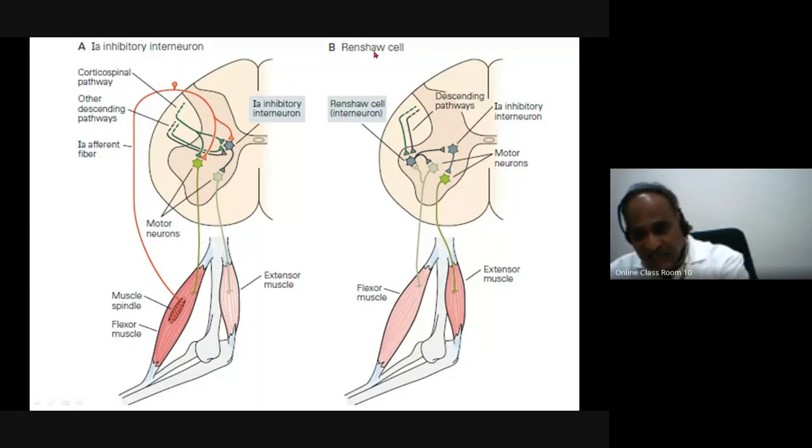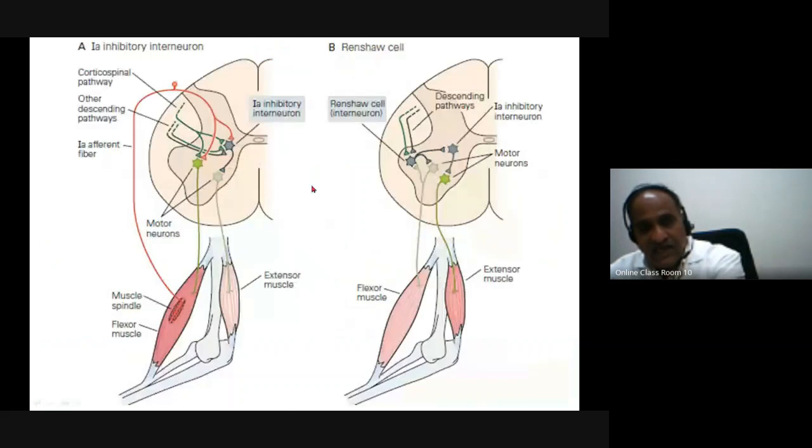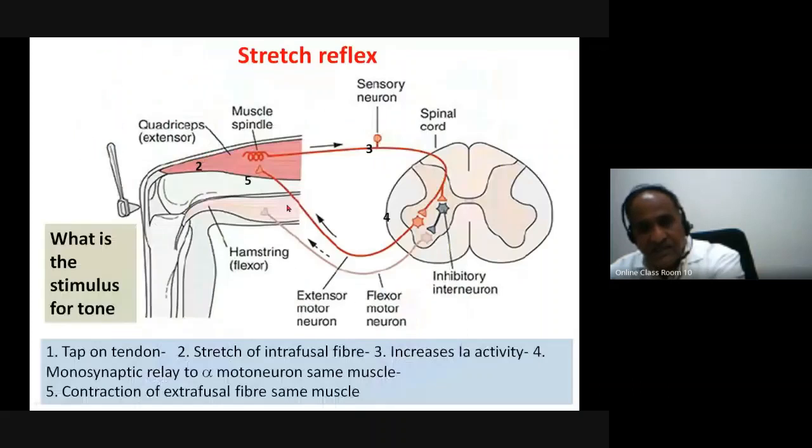That is the Renshaw interneuron. I have already mentioned the reciprocal inhibition, which I explained to you here. And this is in brief, a clean diagram here. The collateral reaches the interneuron there, and this interneuron is inhibitory, and this will inhibit this flexor group of muscles, and there is a relaxation of this muscle.